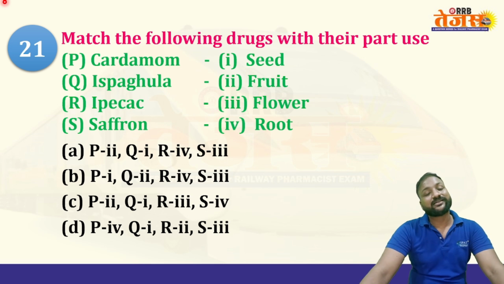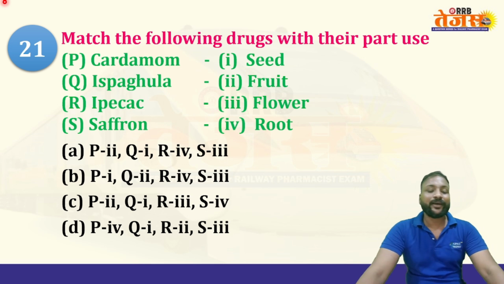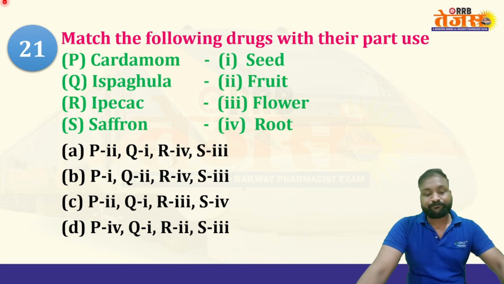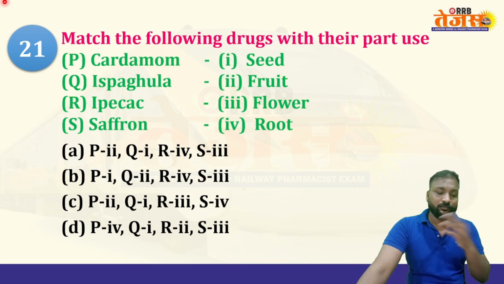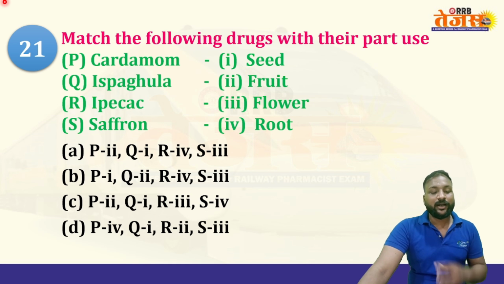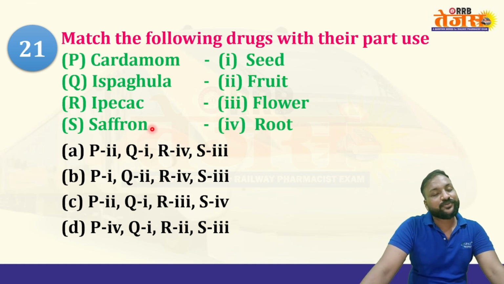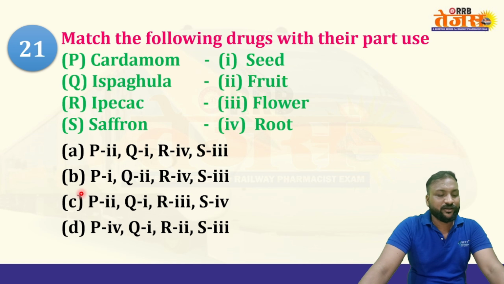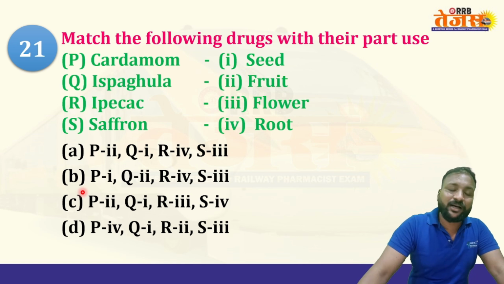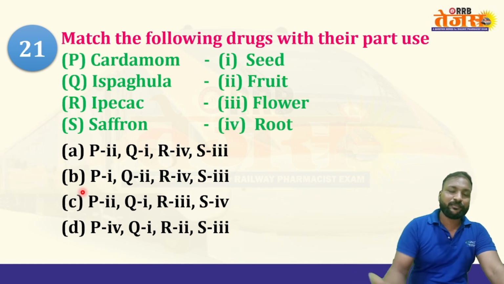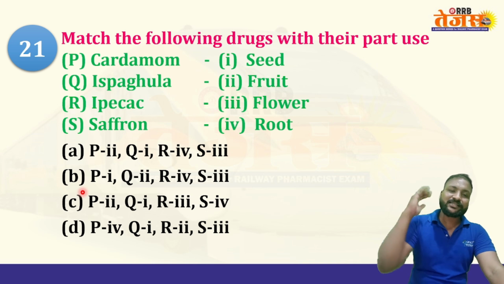Q says the same thing: isabgol is a seed, and option A is right and option C is also right. But this is the thing you need to decide. Saffron: you may have confusion about ipecac, but saffron is a flower. We know the right option, saffron is a flower.